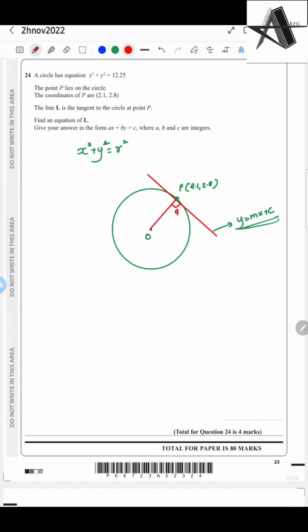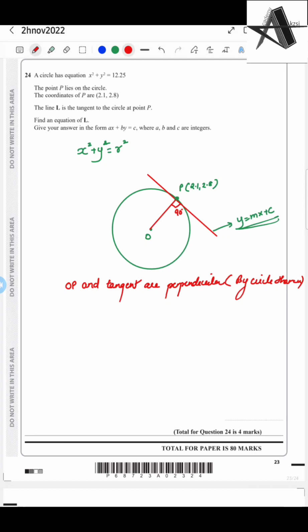That means the radius OP and tangent at P are perpendicular to each other by circle theorem, and you have to write that circle theorem. That proves that these two lines are perpendicular.